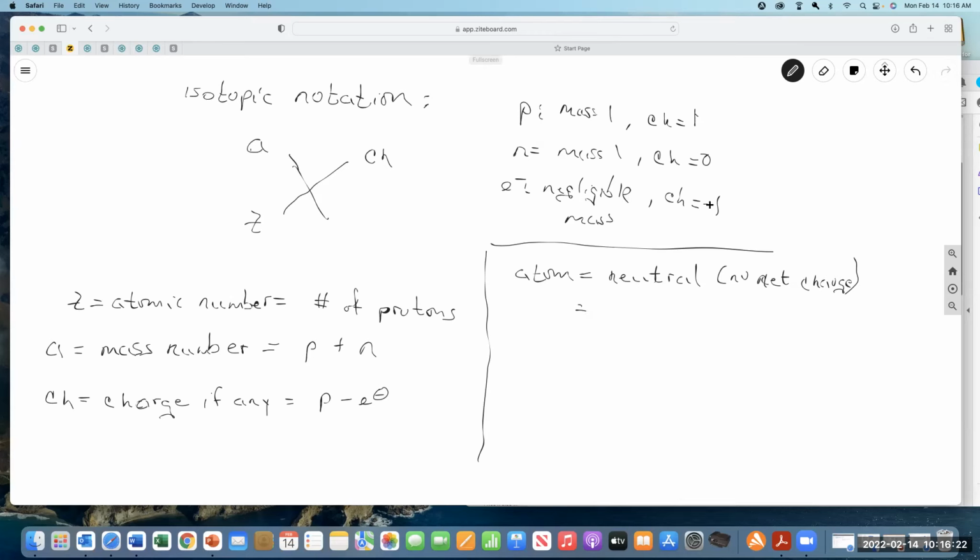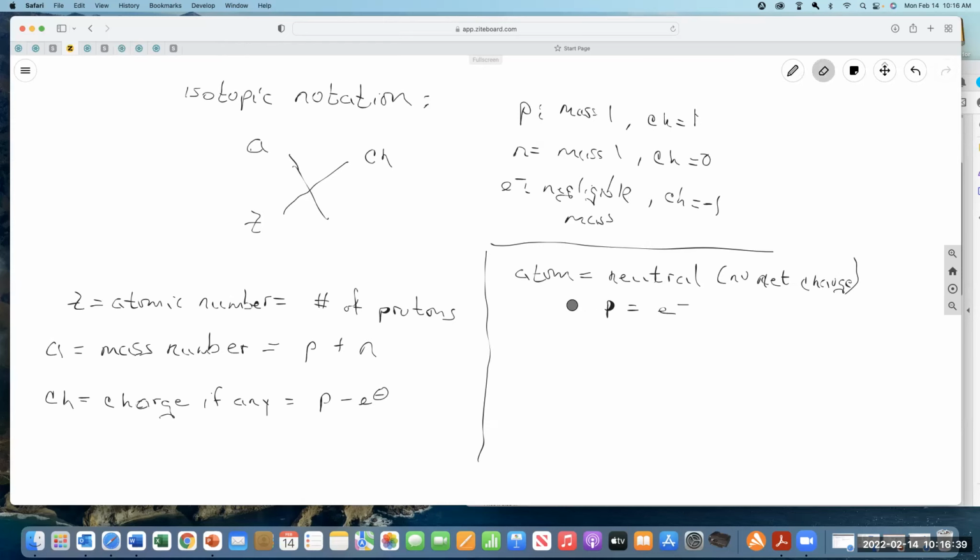It's made from charged particles, right? It's made from electrons and protons and neutrons. But if the atom has no net charge, what can you say? The protons and electrons are equal. Very good. In an atom, the number of protons will be equal to the number of electrons.